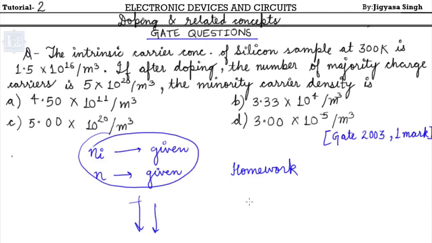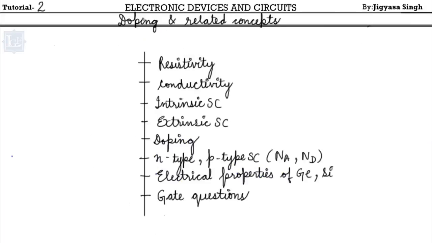Okay, so what we did today, let's see. So today we studied about resistivity, conductivity, its formulas, intrinsic semiconductor, extrinsic semiconductor. We studied about doping. We learned about N-type, P-type, acceptor ion, donor ion, pentavalent impurities, tetravalent, trivalent impurities.